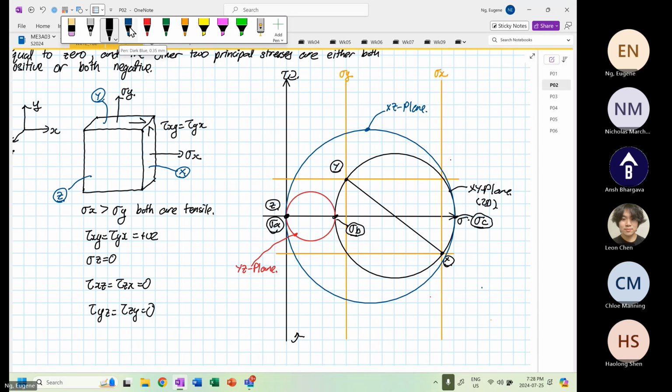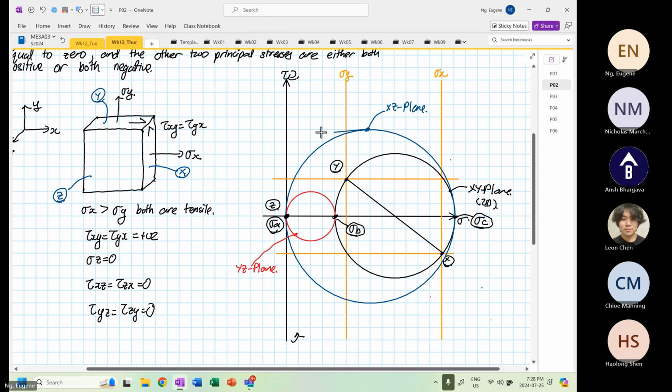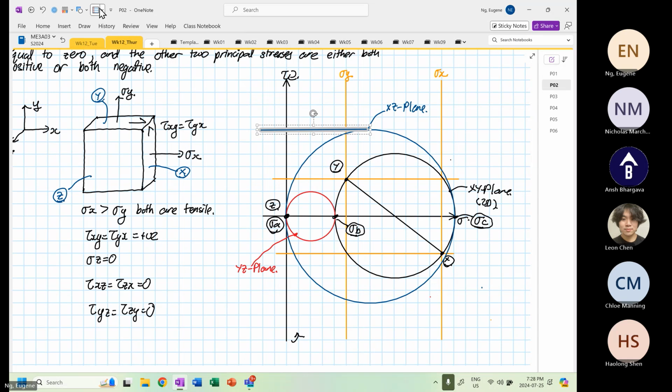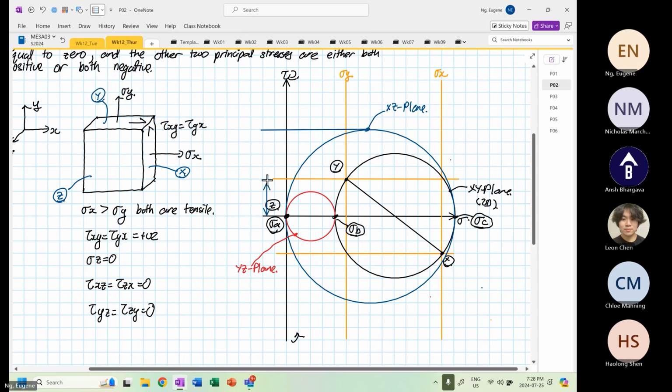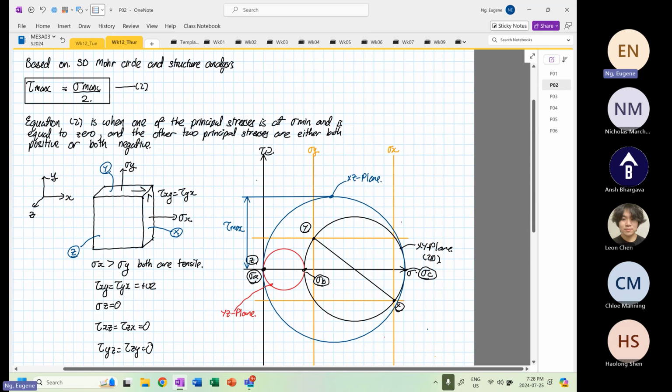So what we are trying to determine now is this value over here. We want to determine this value, tau max. And this tau max and this tau max are the same.